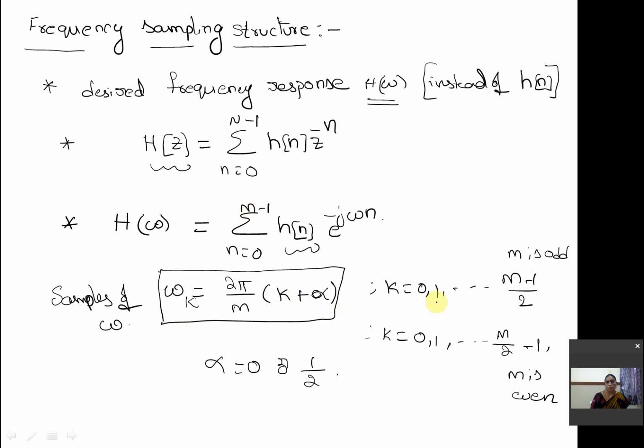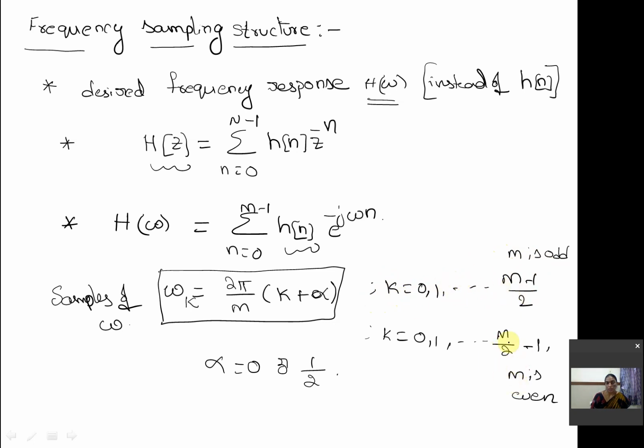M is odd. Now if M is even, k is 0 to M by 2 minus 1. That means we take the samples of omega. How many samples here? K samples. The number of samples depends on the M value. If M is odd, take this particular number of samples.